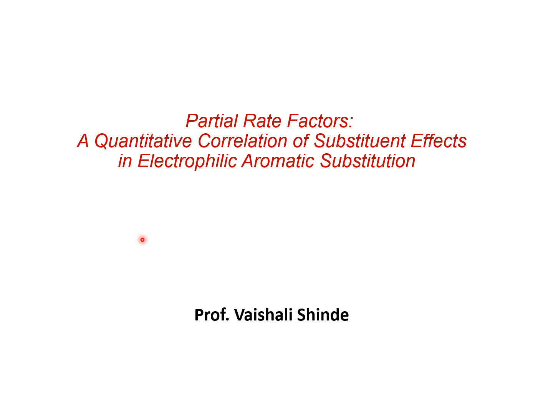A more quantitative picture of reactivity of each position of substituted benzene is given by a very useful concept known as partial rate factor. Let us see how to calculate partial rate factor of monosubstituted benzene.